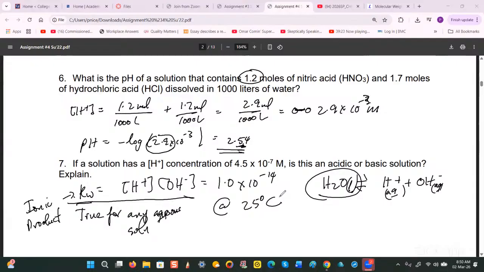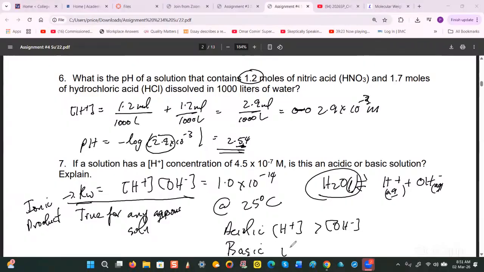So with all that said, the question says, if a solution has a concentration of H plus of 4.5 times 10 to the minus 7, is this an acidic or basic solution? Now, let me just say that in an acidic solution, the concentration of H plus is greater than the concentration of OH minus, right? In a basic solution, the reverse is true.